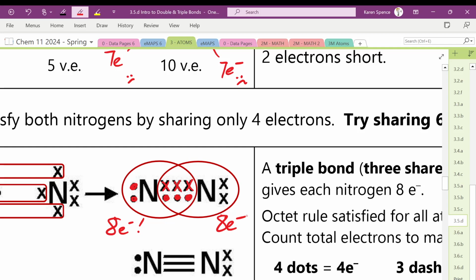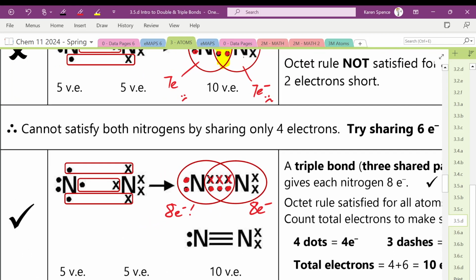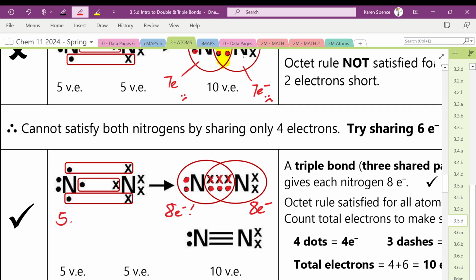We also have to check our structure and make sure we didn't throw in extra electrons to make our problem go away. Remember, we had 5 and 5. So let's count them up in this structure here. We got 1, 2, 3, 4, 5, 6, 7, 8, 9, 10 electrons in total. So that is exactly what we needed. And guess what? Do you remember nitrogen has 3 unpaired electrons? How many bonds does it tend to form?